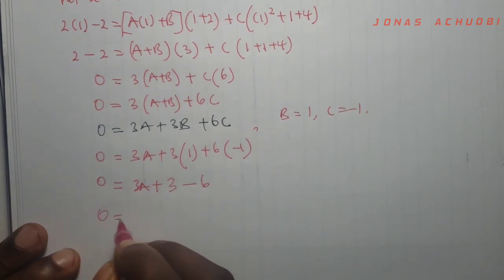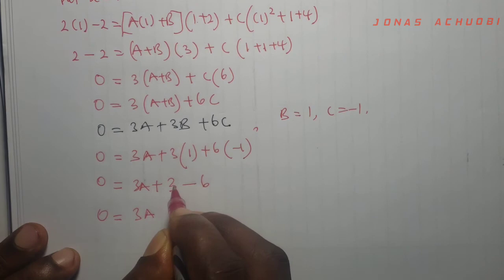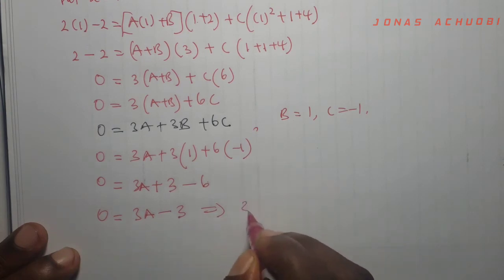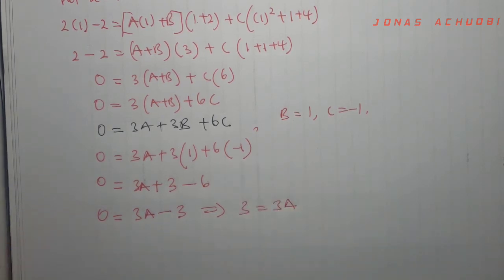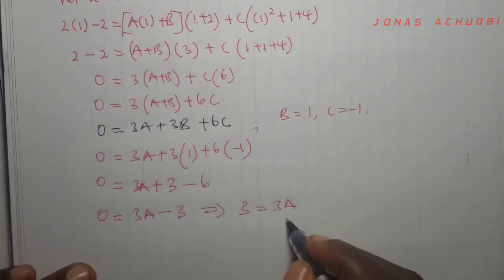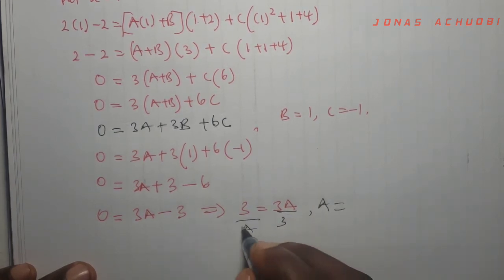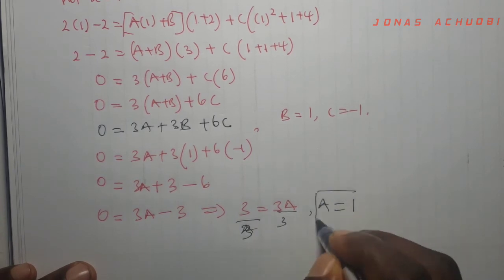So that 0 is equal to 3a, 3 minus 6 is minus what? 3. So this implies that if we take minus 3 to the left, we have 3 equal to 3a. So that if we divide both sides by 3, we get our a to be equal to what? a equal to 1.